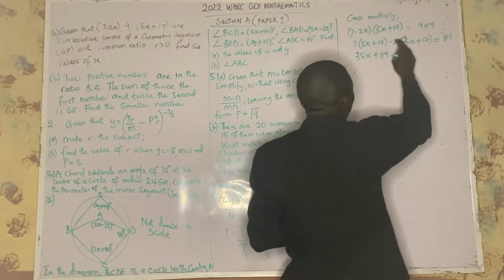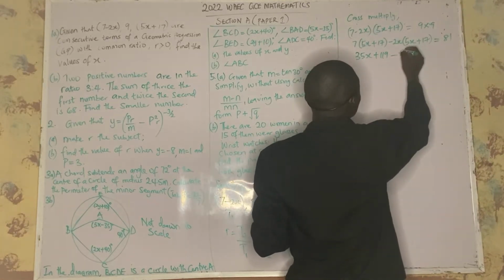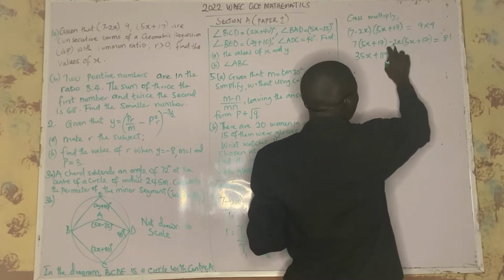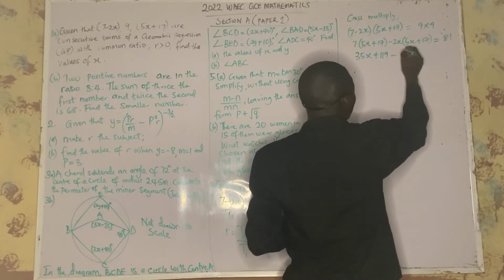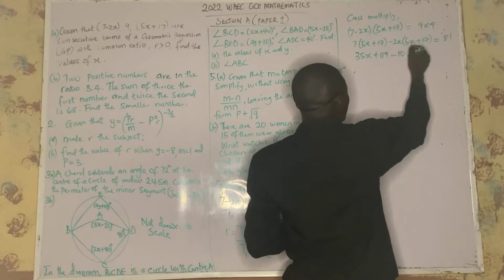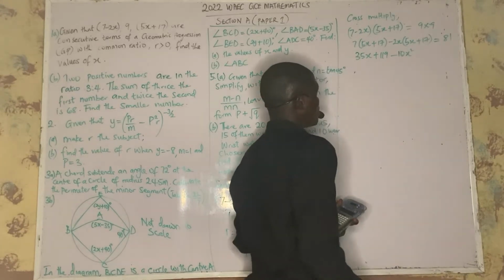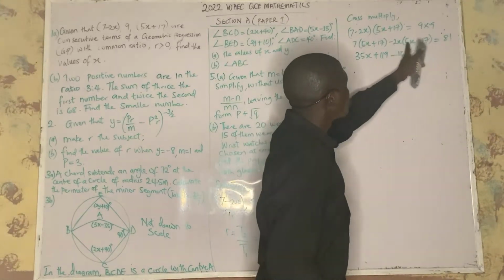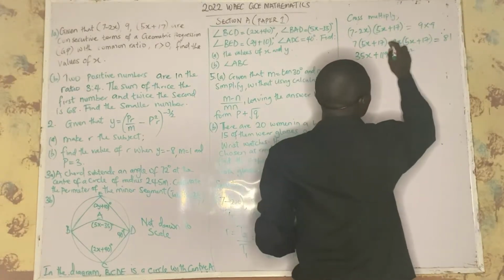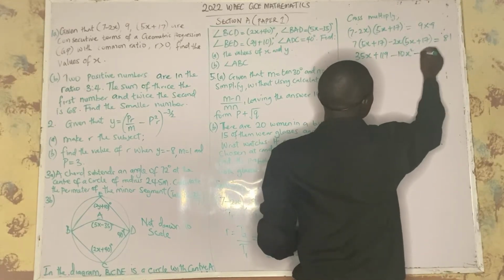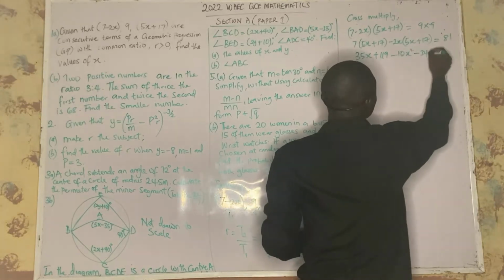Minus 2x times 5x is going to give minus 10x squared. Please take note of that. Minus 2 times plus 17 gives minus 34, and then the x.